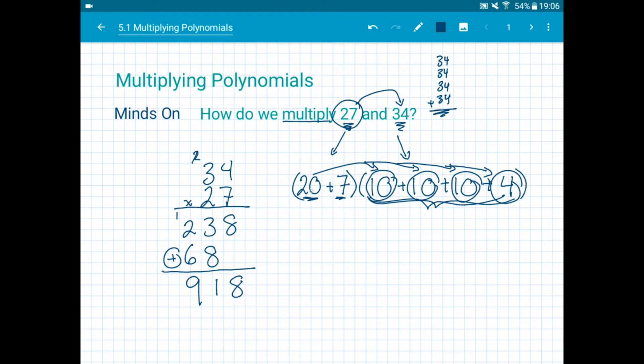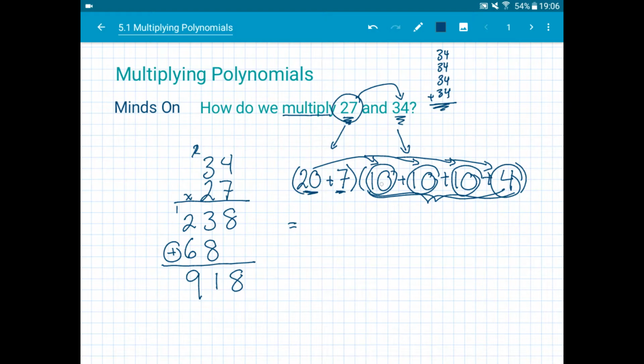And that makes up 20 34s. So these are actually easy to figure out. 20 times 10 is 200. 20 times 10 again is 200. 20 times 10 is 200. 20 times 4 is 80.